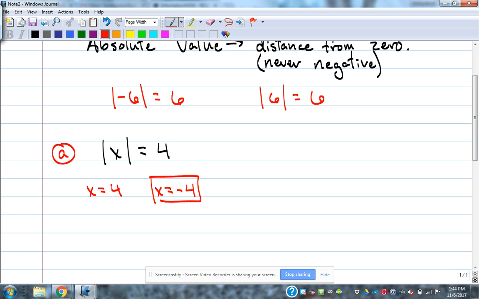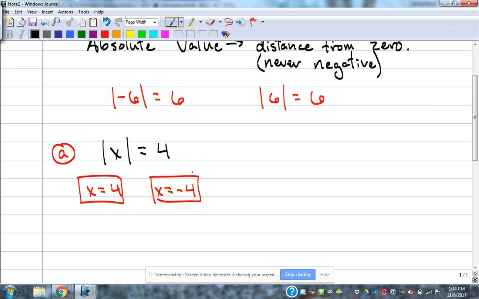Both of those have a distance away from 0 of 4. That's what we're finding. That kind of makes sense, that we're looking for a number that has a distance away from 0 of 4. +4 has that, but -4 also has that same distance. Wouldn't it be +4 because it's non-negative x?